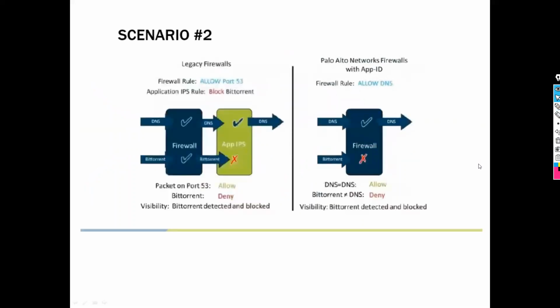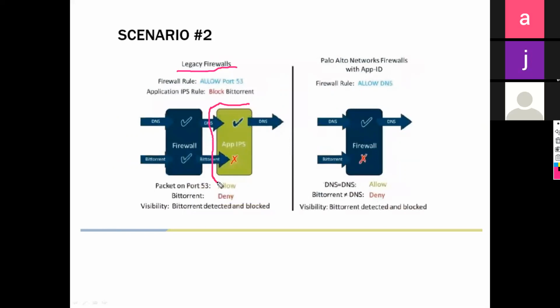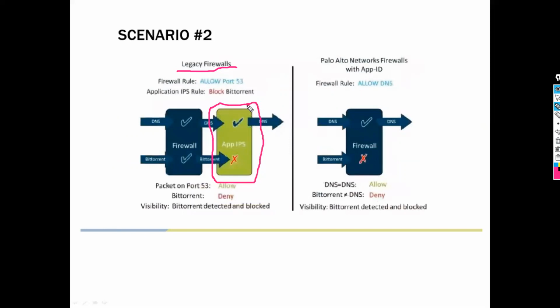Let's discuss one more scenario. If I'm working with the same legacy firewall, I require one more device, which is called app IPS. IPS is a device called intrusion prevention system. It is a signature database device, you can say a sensor device, which has lots of signatures about applications. So if you are working with a legacy firewall, you require two devices: the firewall and the app IPS.